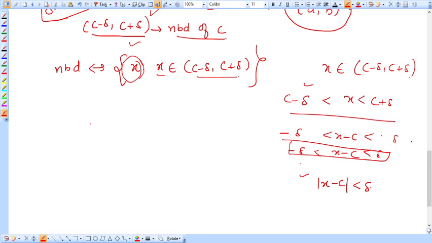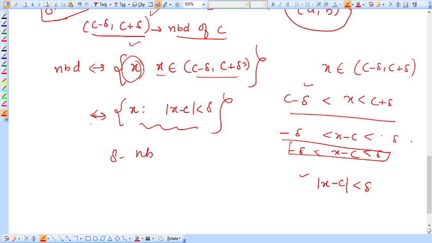Therefore, the neighborhood of this point can be written as all numbers x such that modulus of x minus C is less than delta, and this is the delta neighborhood of C. In coming lectures, wherever I write this, it means the neighborhood of C, and its length is delta, right?